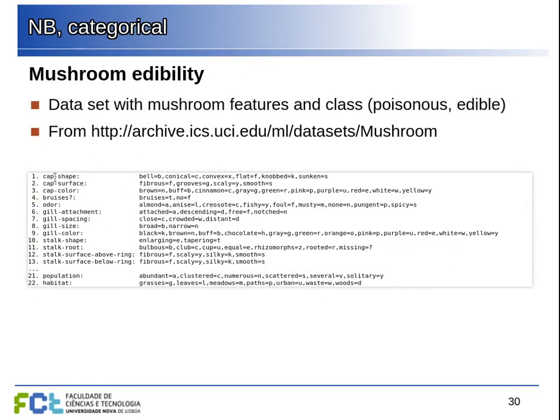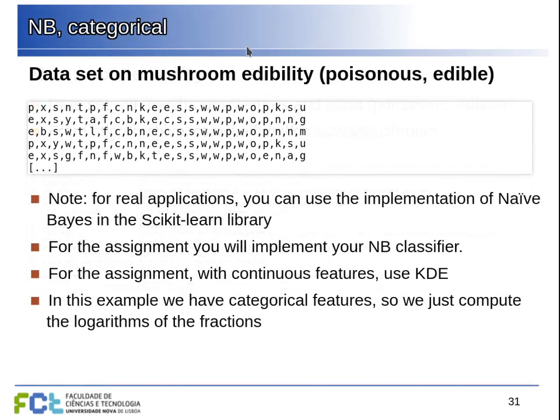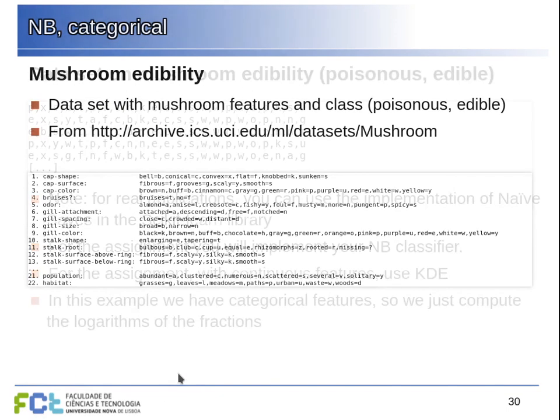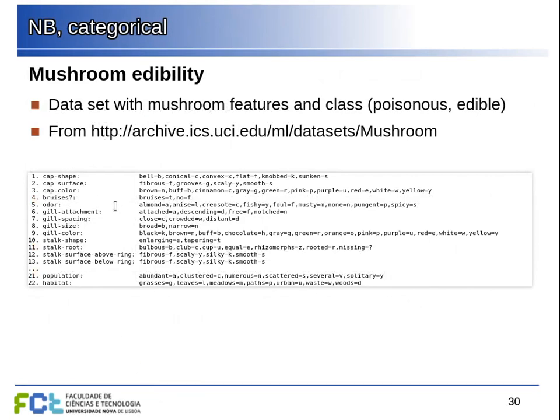For example, if the cap is bell-shaped, we have a B. If it's conical shaped, we have C, and so forth. So for each mushroom, we have the classification, poisonous or edible, and then we have the features for all of these aspects of the mushroom: the cap, the surface, the color, the odor, and so forth.